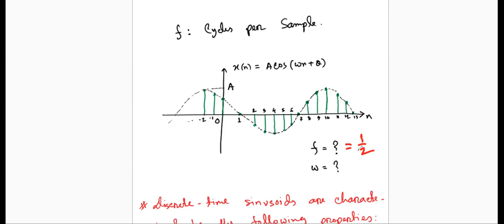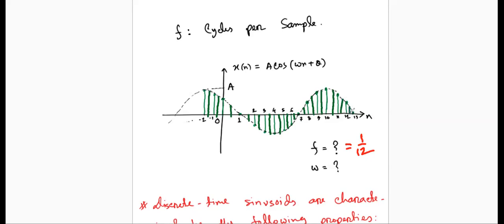Now, if I ask you another thing, if I make it higher sampled, let me put other samples in between. What does it mean? Is our sampling rate or sampling frequency higher or lower? Definitely it is higher.